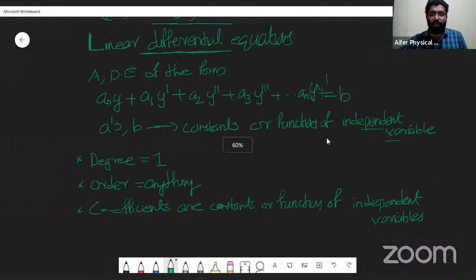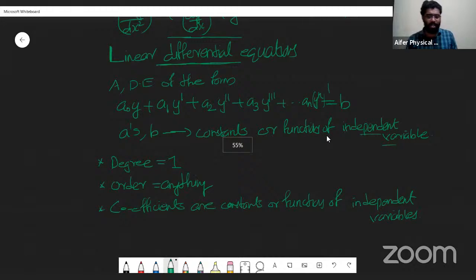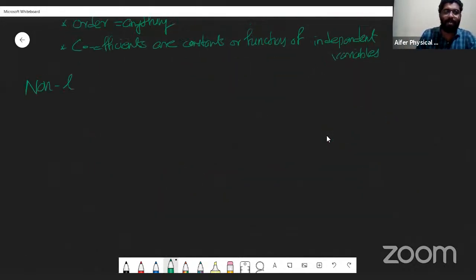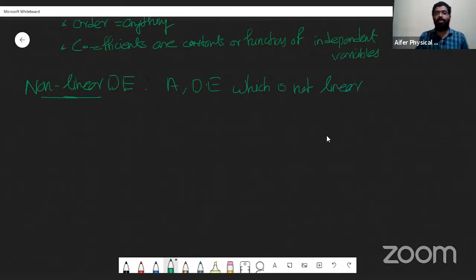So what is a non-linear differential equation? We are not going to discuss this now. A non-linear differential equation is a differential equation which is not linear. A differential equation which is not linear is called a non-linear differential equation. That definition is enough for us.